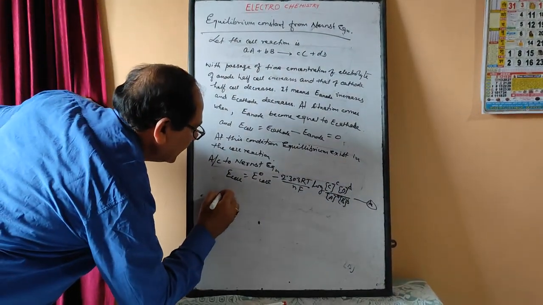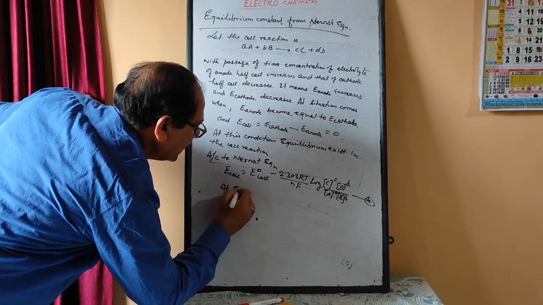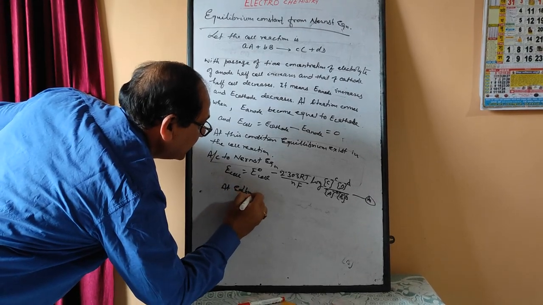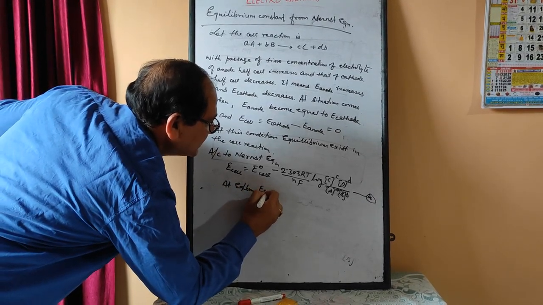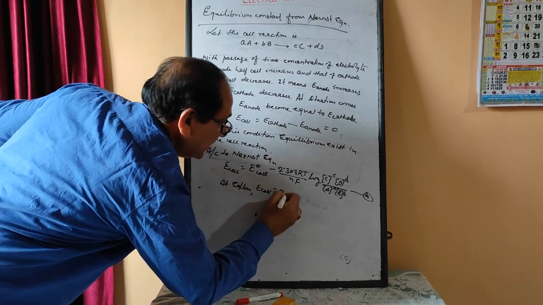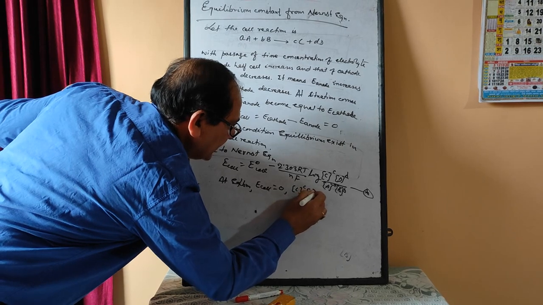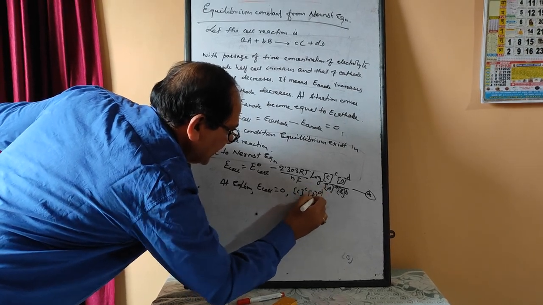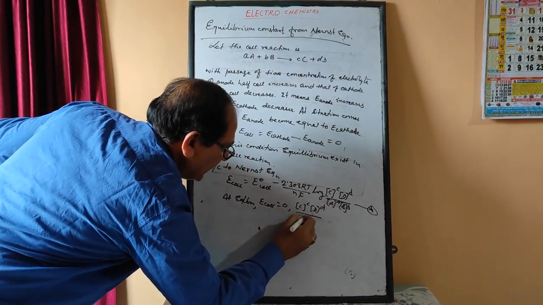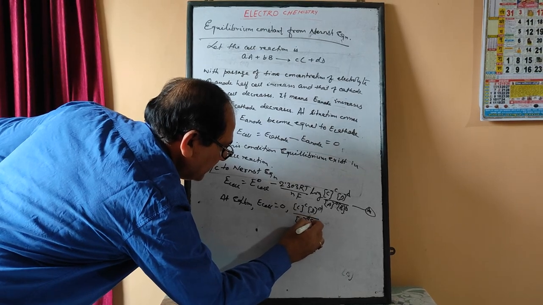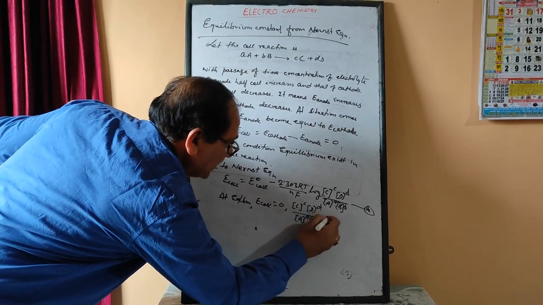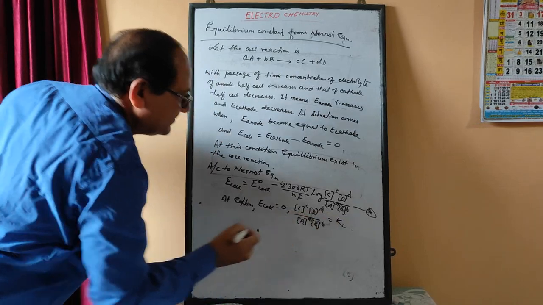So at equilibrium, E cell is equal to 0, and (C^c)(D^d) divided by (A^a)(B^b) is equal to Kc.